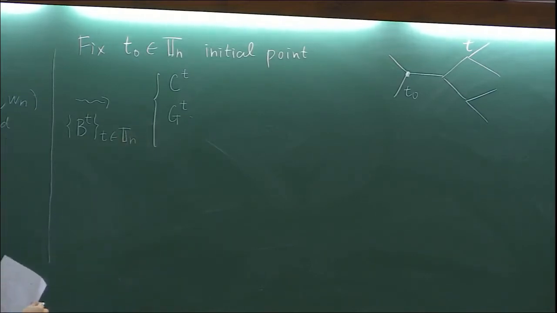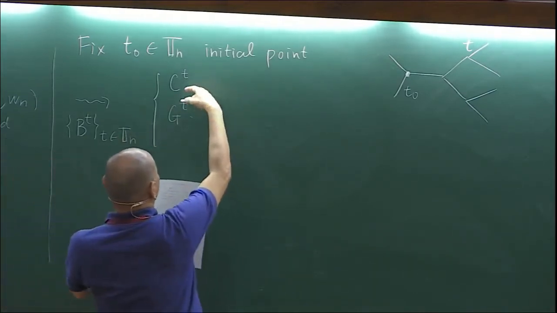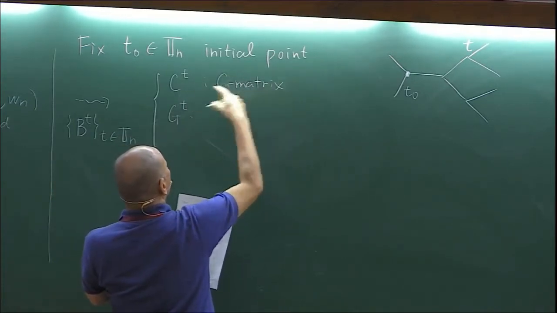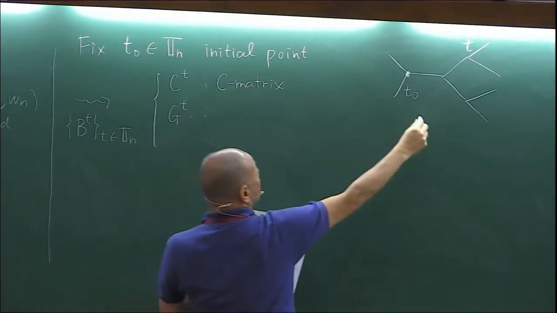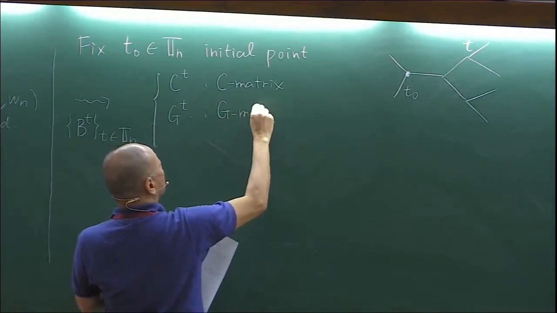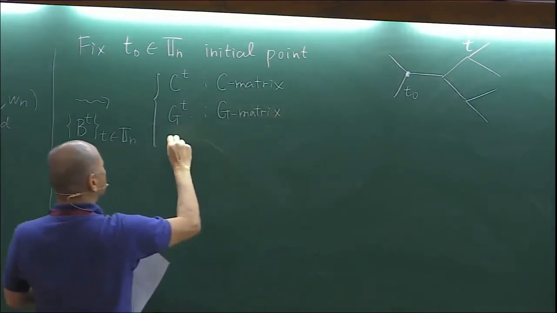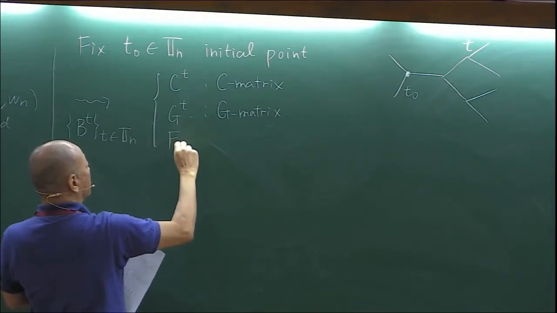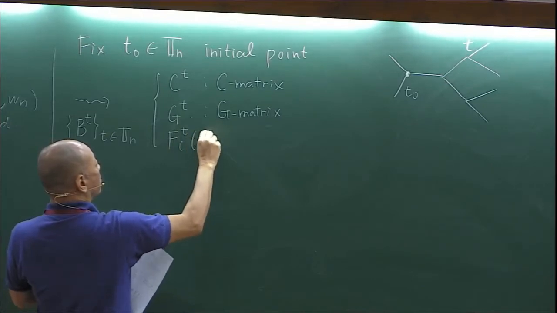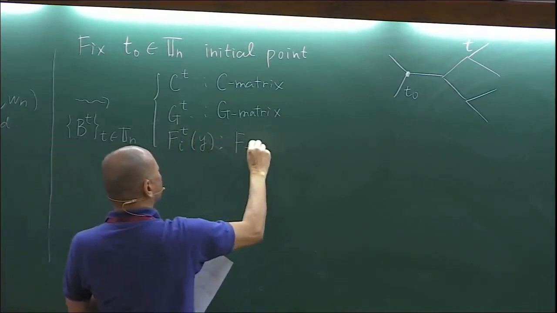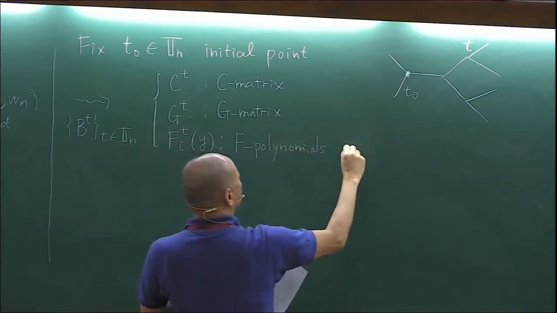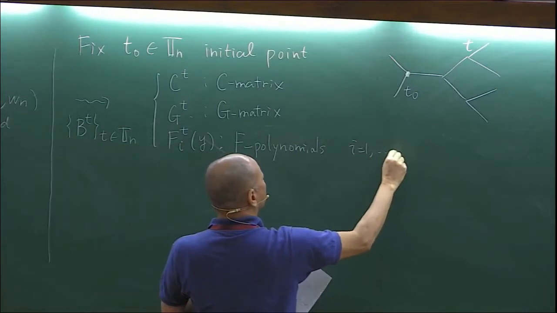So anyway, those data uniquely determine what is called the C-matrix at t, where t is any given point, and also the G-matrix. They are integer matrices, and also polynomials, F_i,t(y), called F-polynomials, for i from 1 to n.